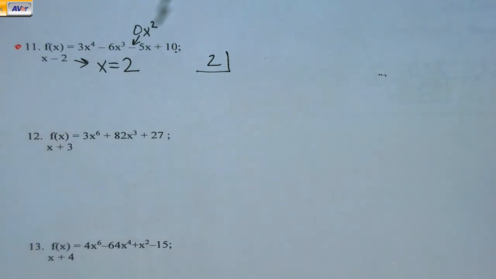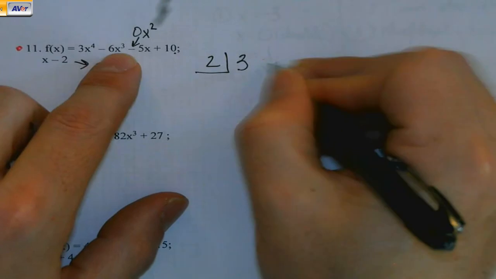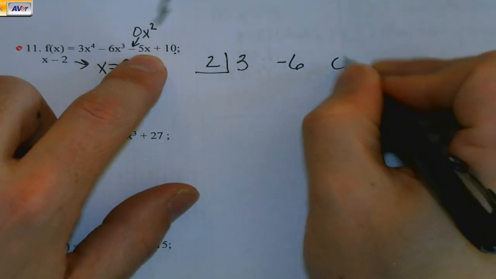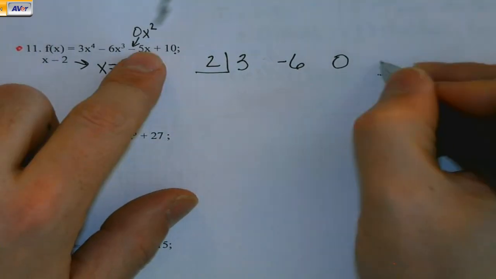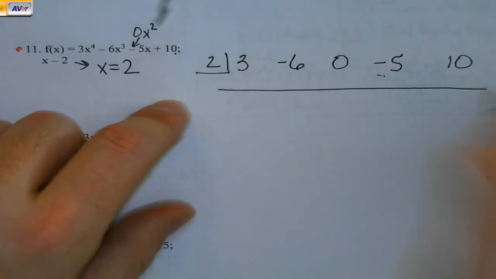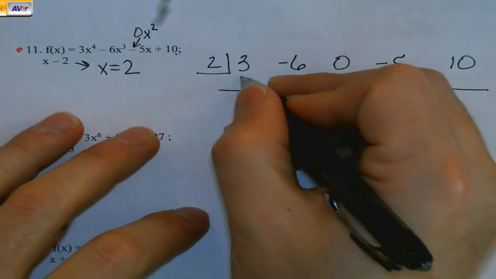So when I'm making my values before I start doing my division, 4, 3, 2, I got to get the 0 in there, 1, constant. And you can have more than one 0. So you've got to watch out for that too. There's lots of little things we're looking out for here.